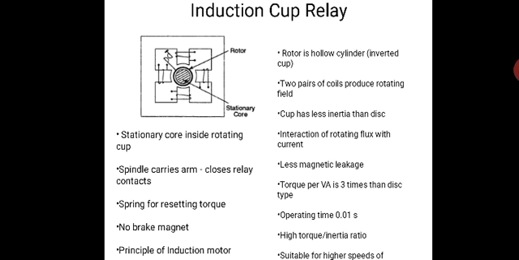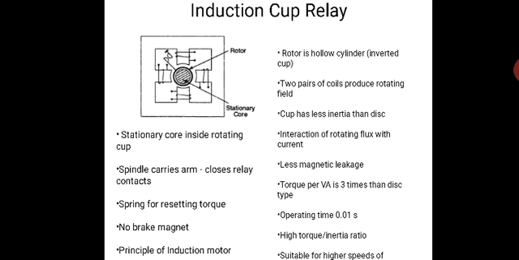If phi 1 and phi 2 represent the fluxes produced by the respective pairs of poles, the torque produced is proportional to phi 1 into phi 2 into sin alpha, where alpha is the phase difference between the two fluxes. The control spring and the back stop for closing of the contacts carried on an arm are attached to the spindle of the cup to prevent continuous rotation.